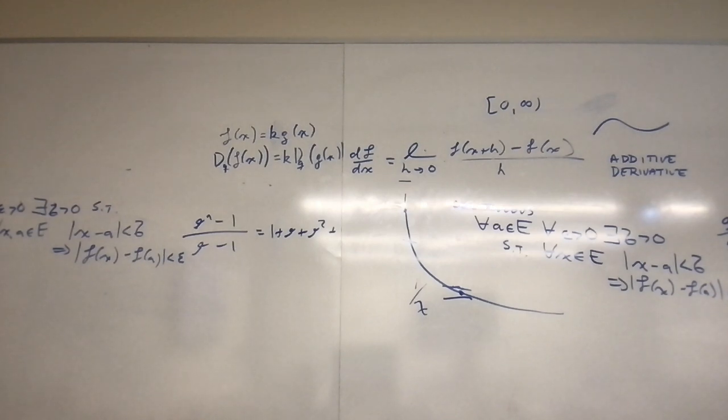A refinement of a partition is a partition of A, B that contains it, so it's a superset. In this case, we say that Q is finer than P. So you have A, B. Let's say your partition just splits it in half.